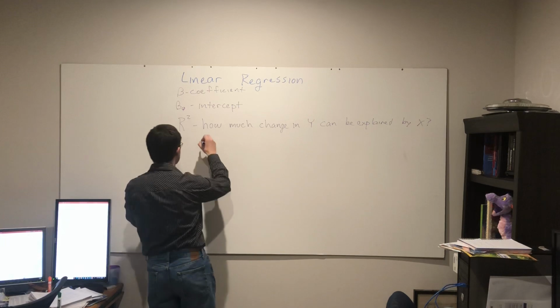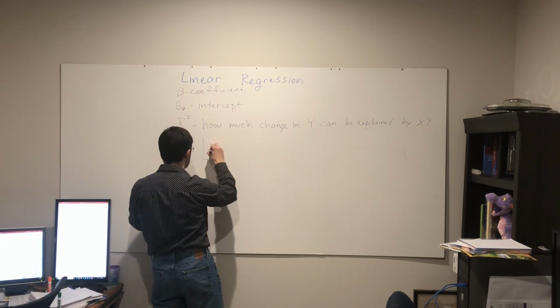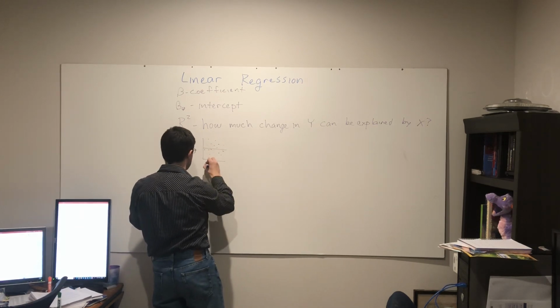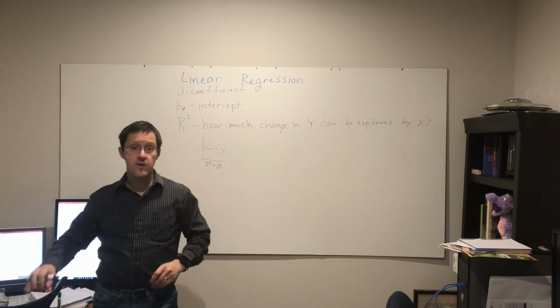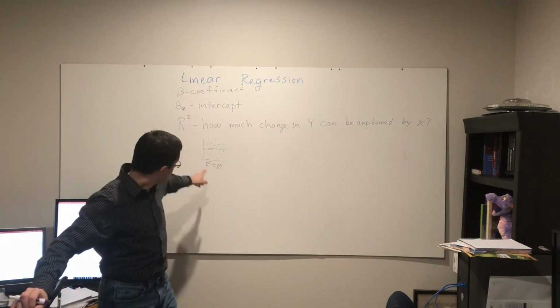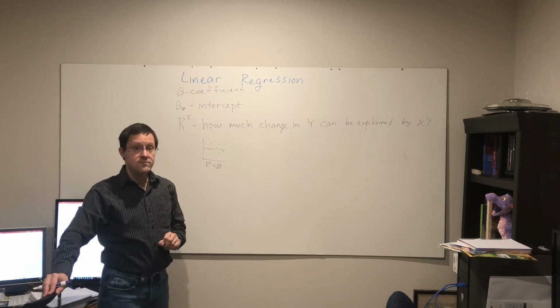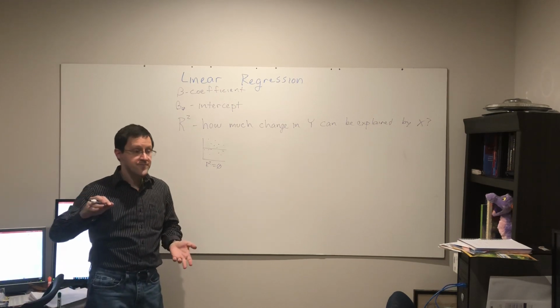So, if my regression line is flat, as I have it here, r squared is 0. There is no relationship at all.